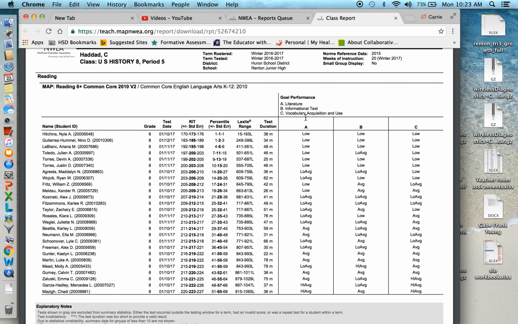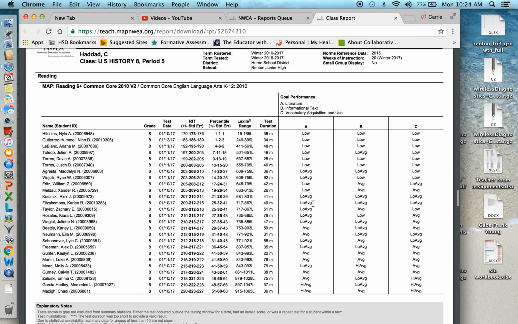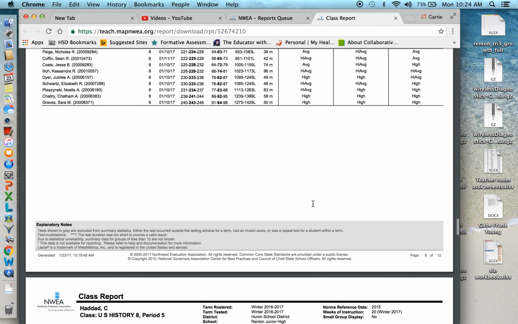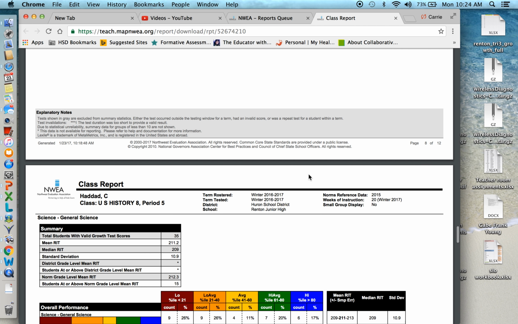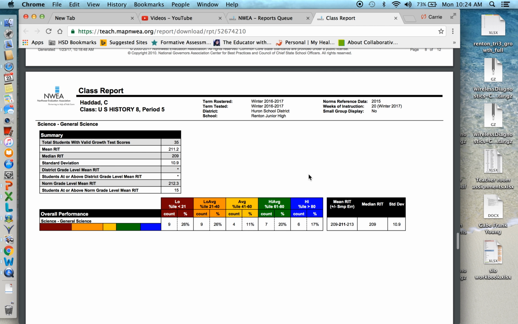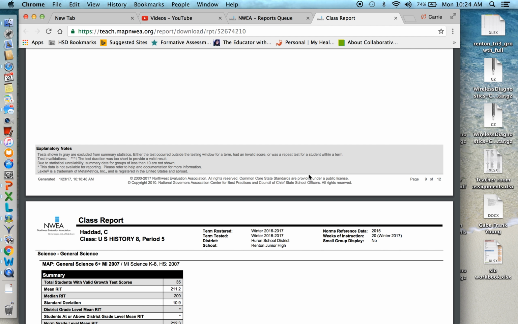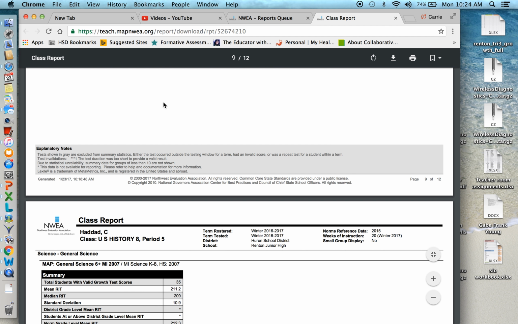And then it also shows you their basic performance within each of those goal areas. So you can see where they are at through there. And that is the class report. And this one, because I had it do everyone, it still has science. But the information is the same on each of them. So that's the class report.